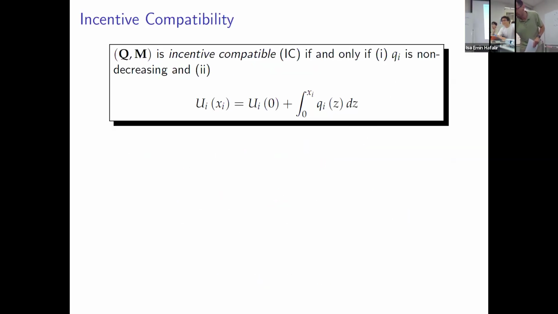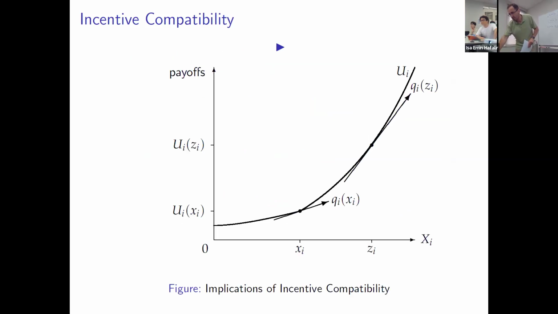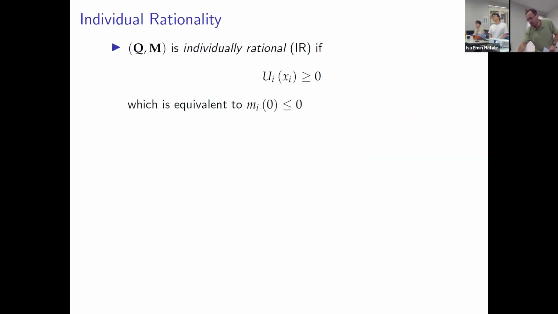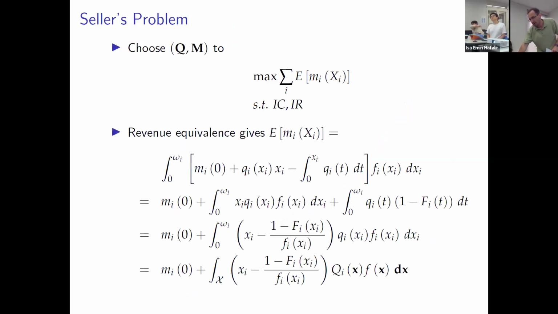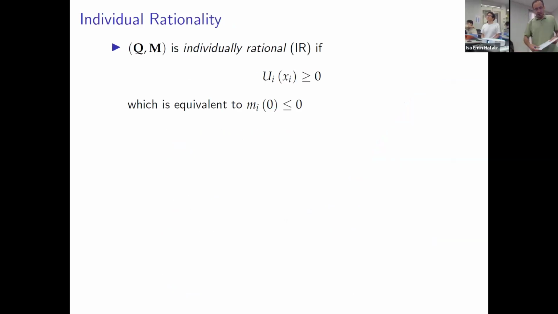So this is the payoff equivalence, and incentive compatibility is there. Incentive compatibility means that the U function shape is perfectly determined, as the derivative, by the interim allocation probabilities.